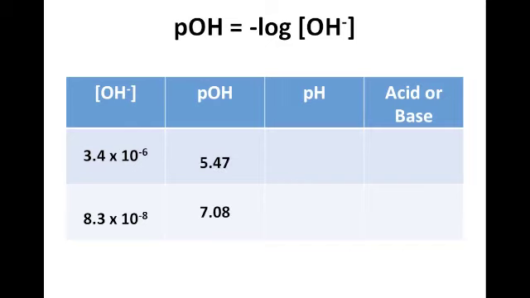When you do those calculations, you get 5.47 for the first and 7.08 for the second for the pOH. Subtract that number from 14 and you get 8.53 for the first for the pH and 6.92 for the second, and therefore you can determine whether or not it's acid or base based on where it lies on the pH scale.